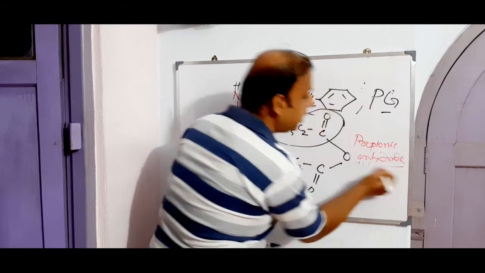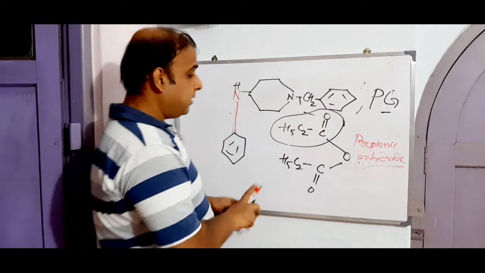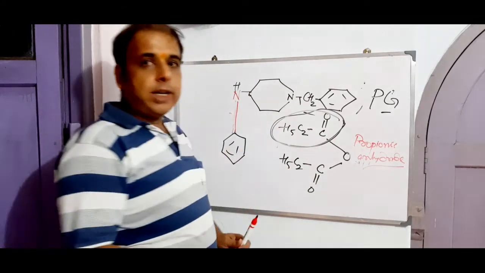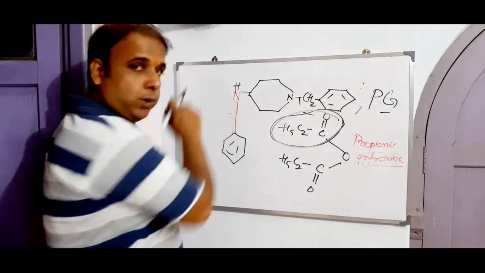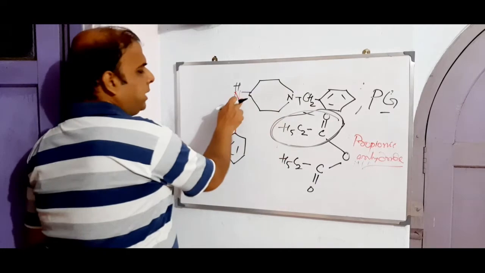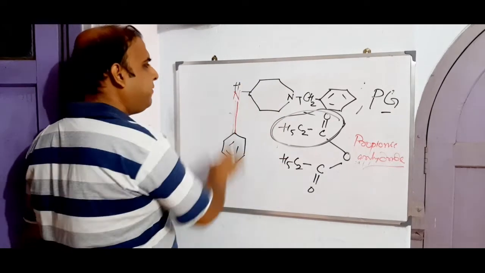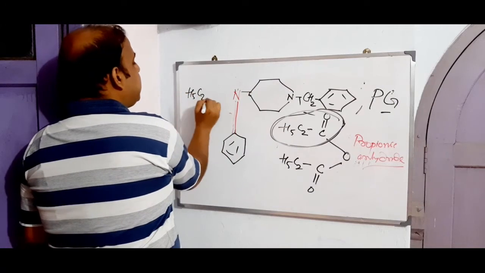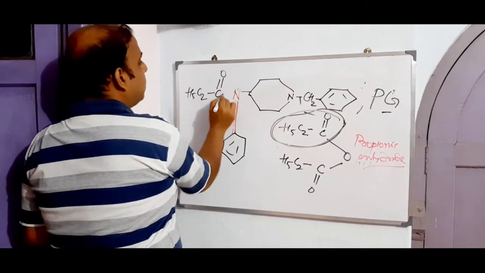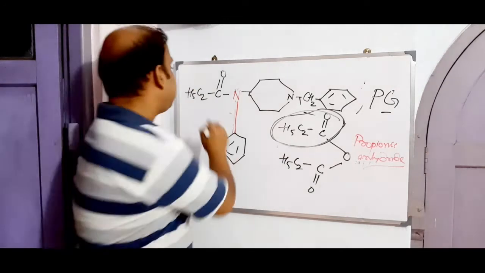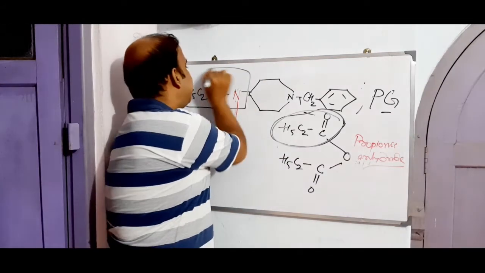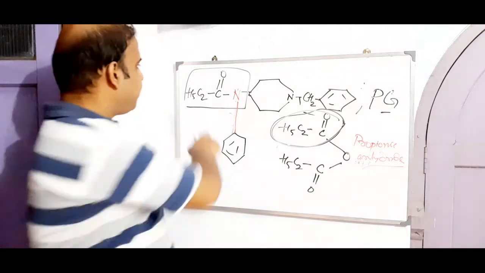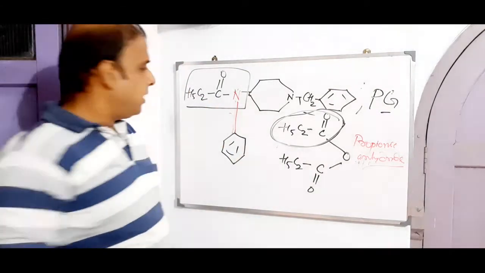This will help us to release the propionyl portion to this nitrogen, right? Once this has been given to this nitrogen, the hydrogen will go off, leaving behind H5C2 C double bond O. That means we got our propanamide.